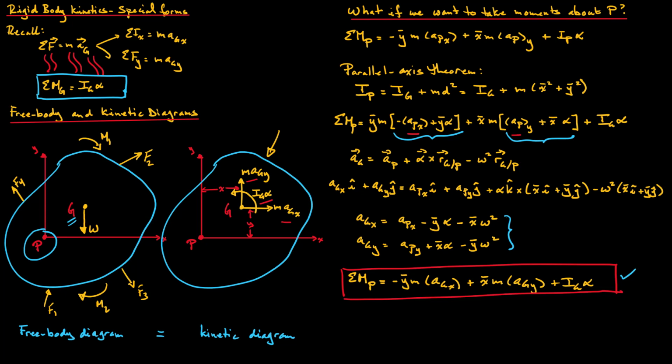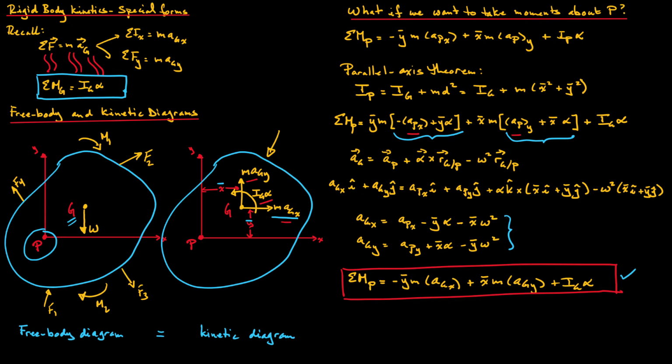So let's look at our kinetic diagram. We have the mass times the acceleration over here, which has units of force, and we're multiplying it by a distance y. And this distance y is actually y bar and x bar.